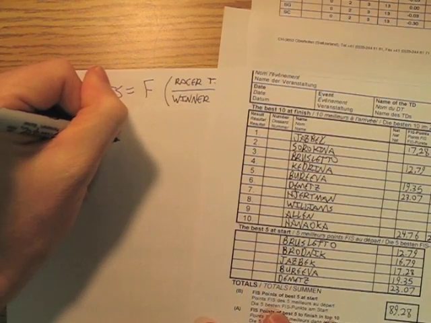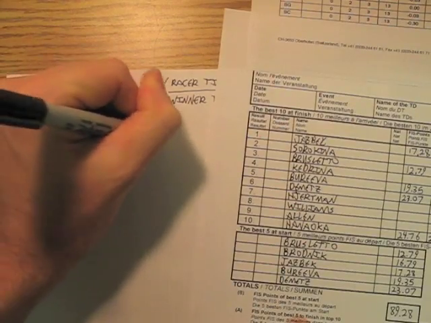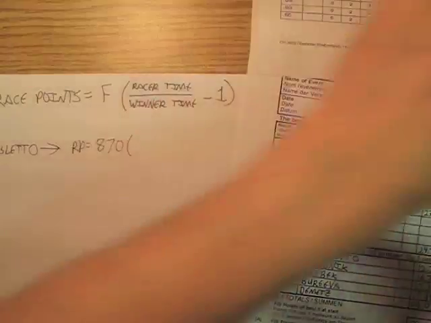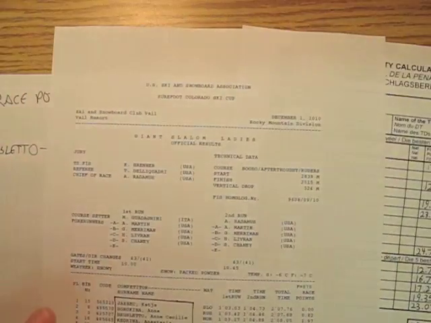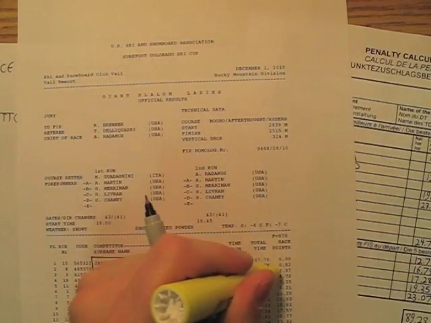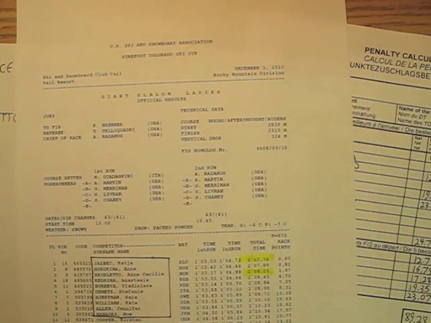So I say race points is 870 times, now where are my results here? Okay, so Brusletto's result is right there, and the winner's time is right there. So you can't see that again, but if you download the materials, you can see it just fine.